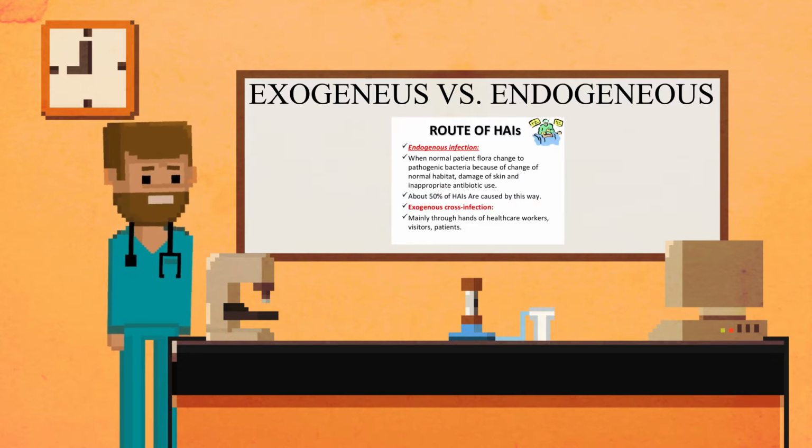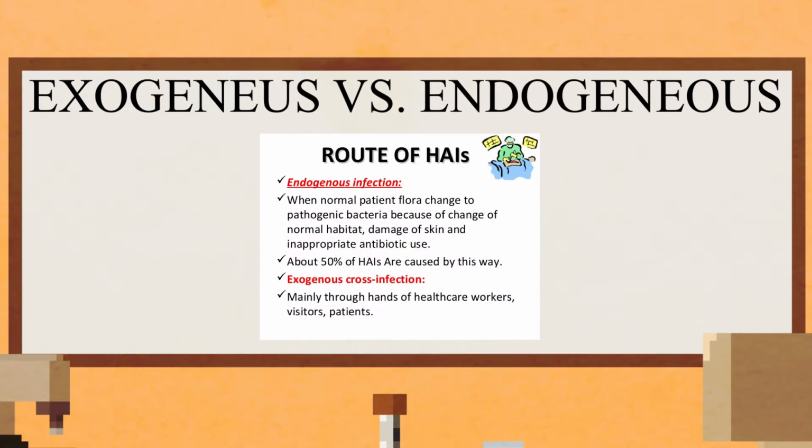Exogenous infections come from outside of the patient's body. We talked about fomites and vectors and things like that, contaminated surfaces; those are all exogenous. Endogenous infections come from inside the patient's body, so the patients may infect themselves.